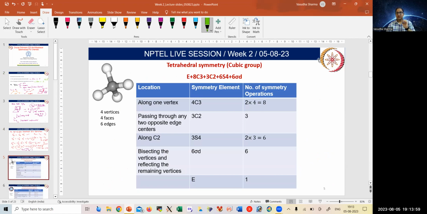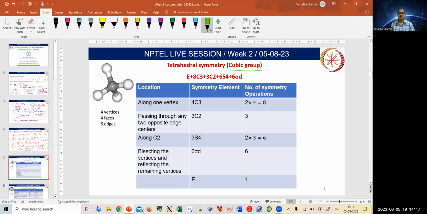So for example, I hope the slides are visible. Here, as you can see, I have written the tetrahedral symmetry, which is the cubic group. These groups we have already talked about in the last live session. Also, the professor has given a detailed explanation.